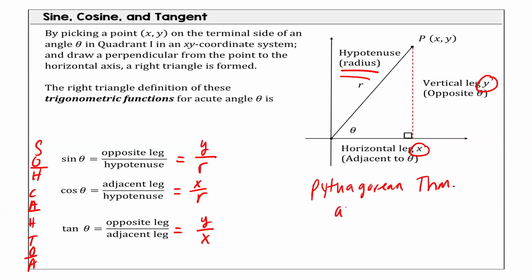As you learned, it was a squared plus b squared equals c squared, where a and b were your legs of your triangle and c was your hypotenuse, correct? Now, a and b are now your x and your y, and your hypotenuse is your radius. So do you see how we took what we learned in geometry and transferred it to trigonometry?